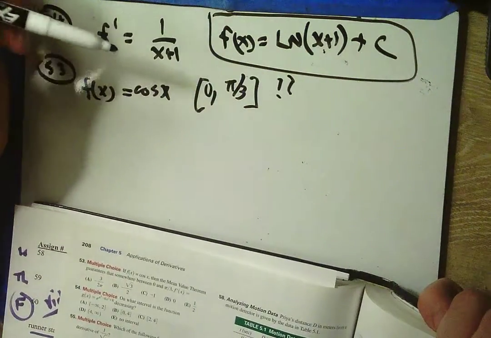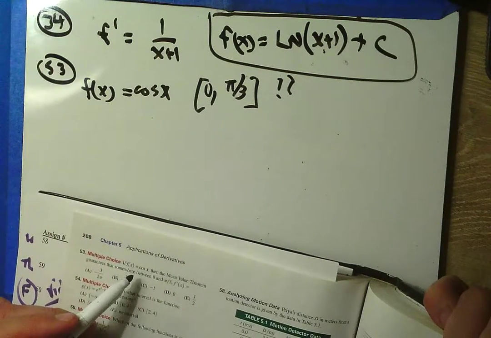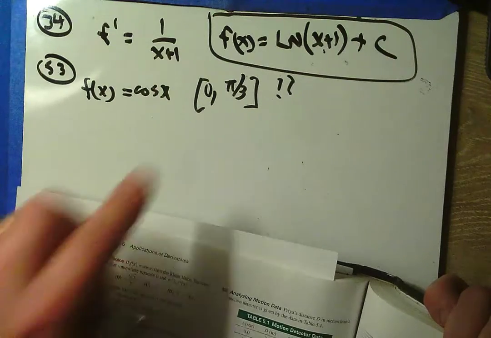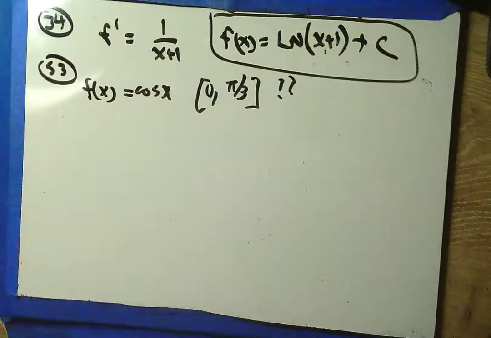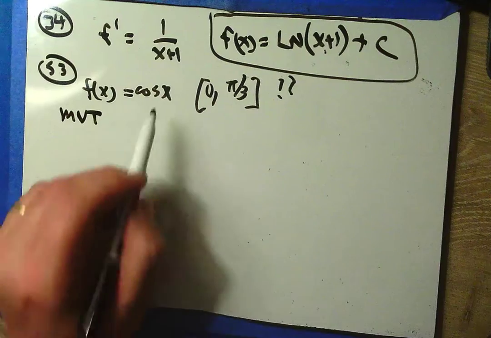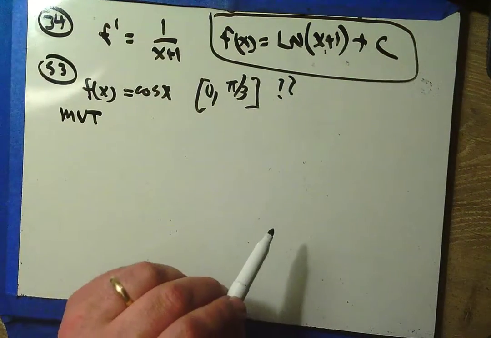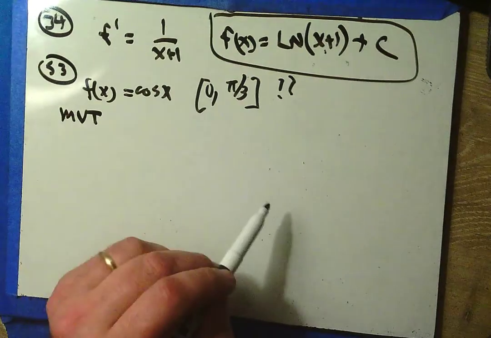What are we guaranteed? Well, we know that f of x is continuous everywhere. We know that f of x is differentiable everywhere, certainly on this interval. So let's use our knowledge of MVT. We've met the preconditions, right? F is continuous on this closed interval. F is differentiable on the open interval.